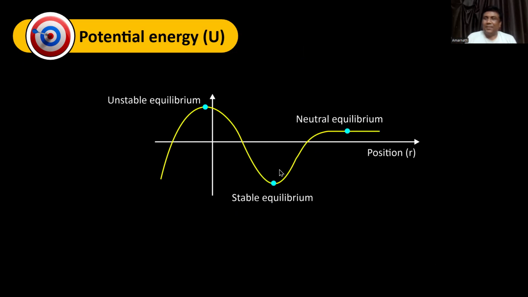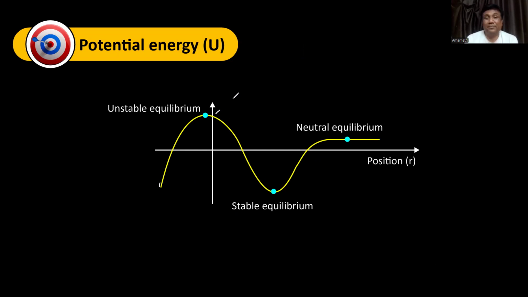See, say the potential energy graph is like this. Potential energy is going on increasing to a maximum point. Here energy is maximum, but force is 0. You see, slope is 0 means force is 0, so force is 0 means it is equilibrium, but energy is maximum. Here slope is 0 means force is 0, but energy is minimum, so it is stable equilibrium.